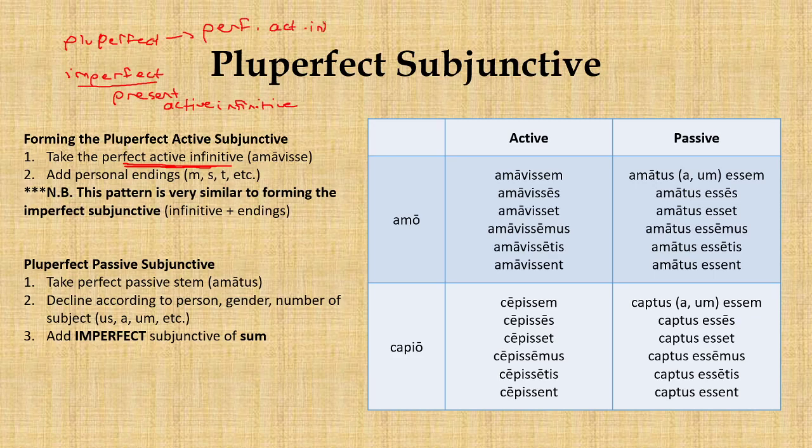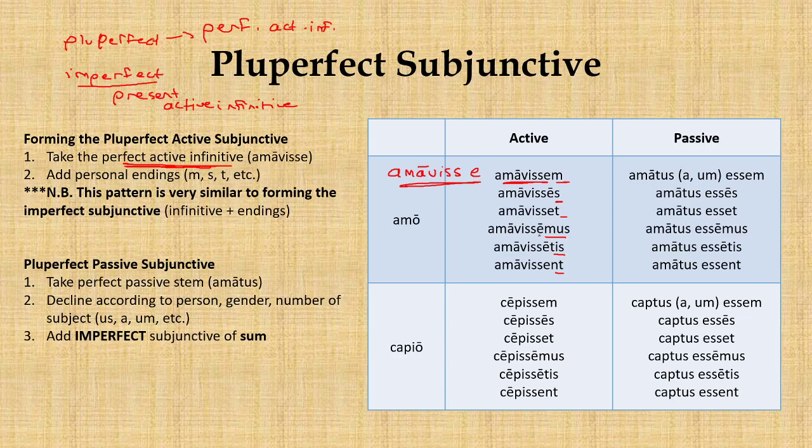active infinitive. So an example of this is amavisse. So that is to have loved, amavisse. And then essentially it follows the exact same game. We just stick our personal endings on the end there. And we occasionally have the vowel lengthening.